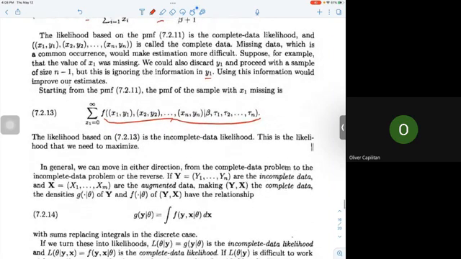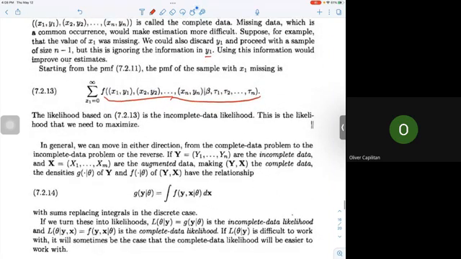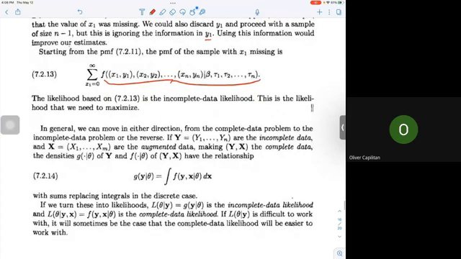So in general, we can move in either direction, from a complete data problem to the incomplete data problem, or the reverse. So if we have bold y, we have a sample here, y sub 1 up to y sub n are the incomplete data. O incomplete data yan siya. And then bold x here, this is a vector of random variables, are the augmented data.